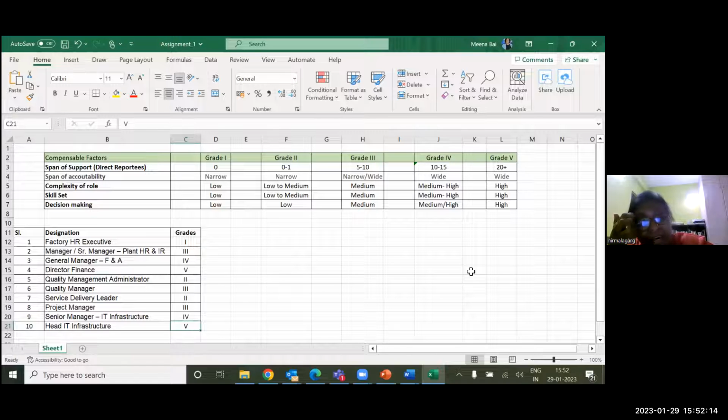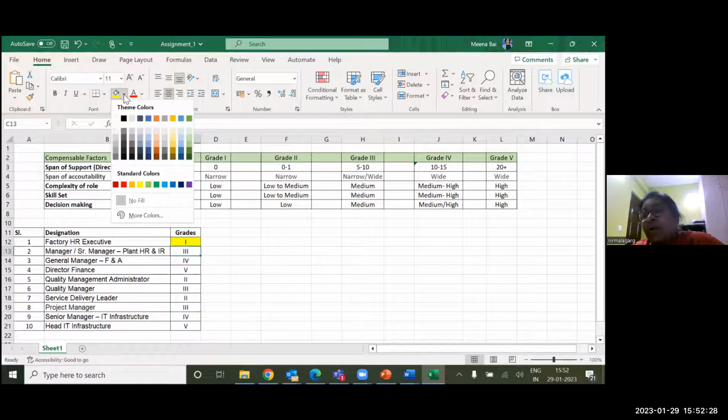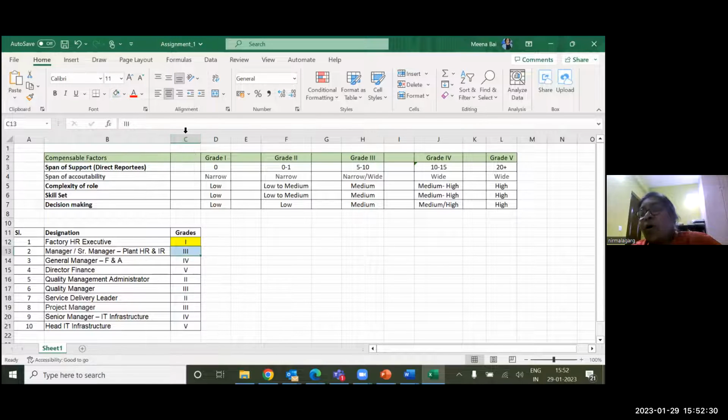When I say grade 1, how many jobs are here? Only 1 job. In grade 3, 1, 2, 3 jobs are there. So what does it mean? That all the jobs in a particular grade are of equal worth. Will you agree? All jobs in a particular grade, say in grade 3, there are 3 jobs, so they are of equal worth.